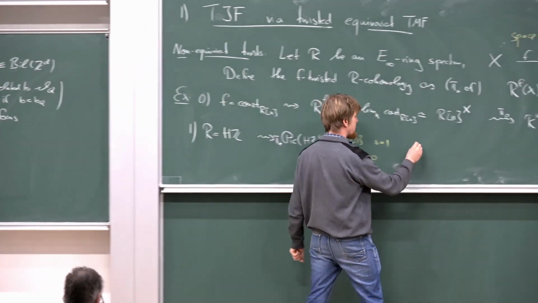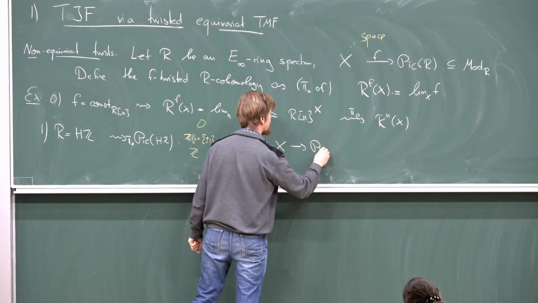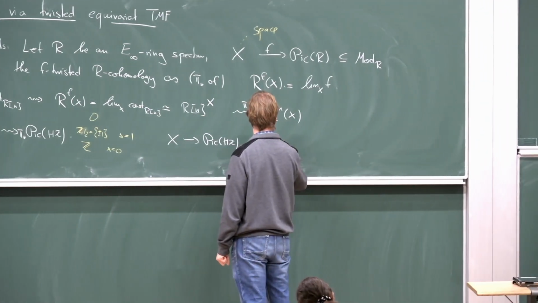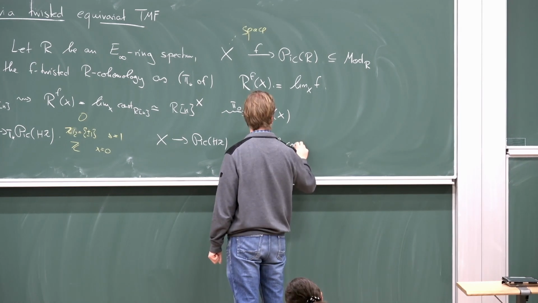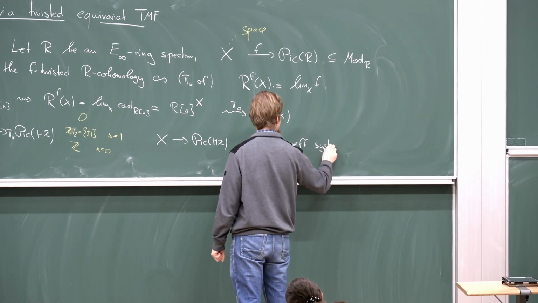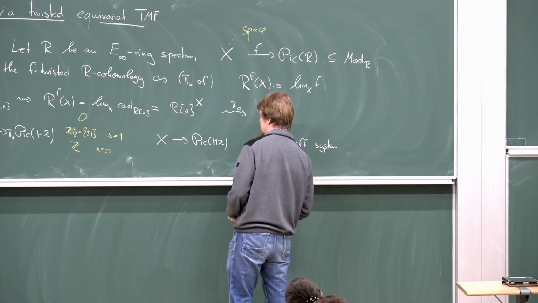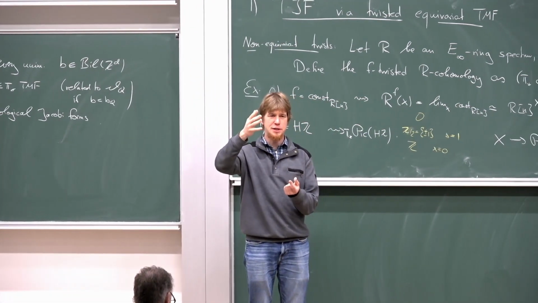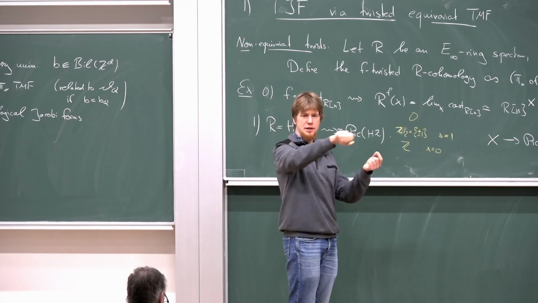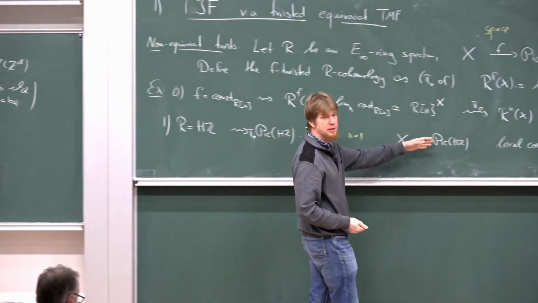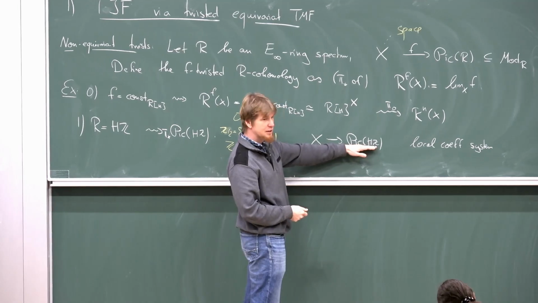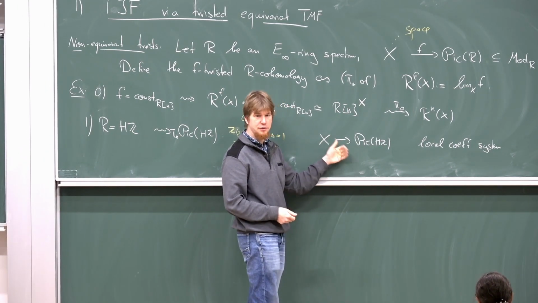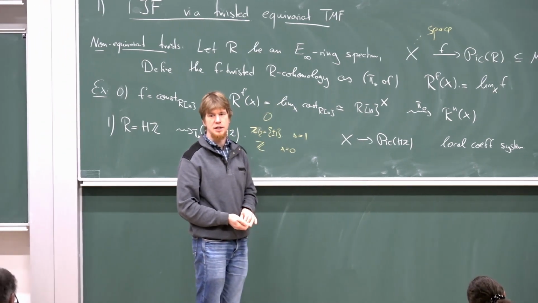And then a map to this is exactly what's called a local coefficient system. So for each point in X, we have a copy of something isomorphic to Z, but not canonically isomorphic, and if we have a path, then we have an isomorphism between these copies of Z. Because it's an actual groupoid, or an infinity groupoid, this will factor over the fundamental groupoid, and if X is connected, over the fundamental group, which is the more classical notion.